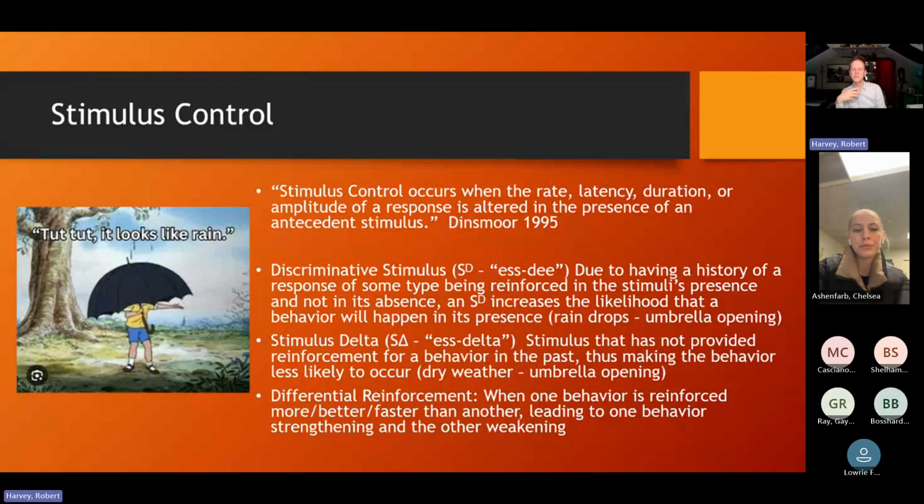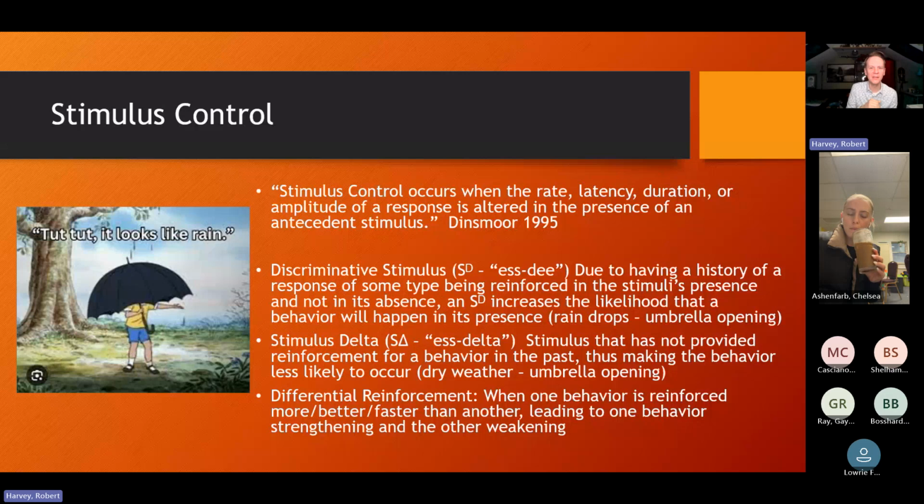So discriminative stimuli is really what's choosing your behaviors, and this is such a huge concept, right? We just talked about the trillions of things that you're capable of doing. So it's often multiple things. It's the presence of the picture and my words saying, what is this?